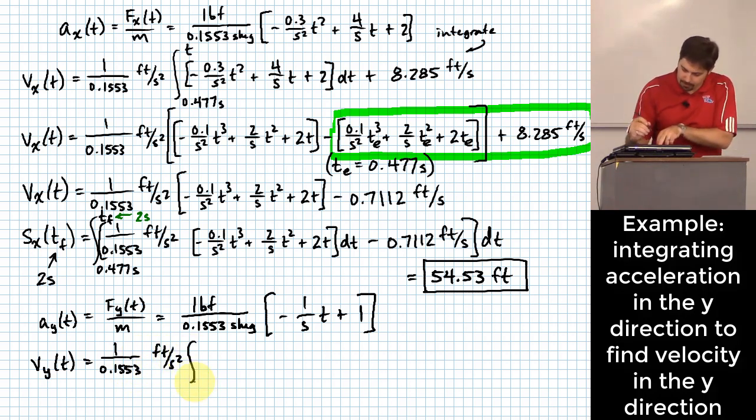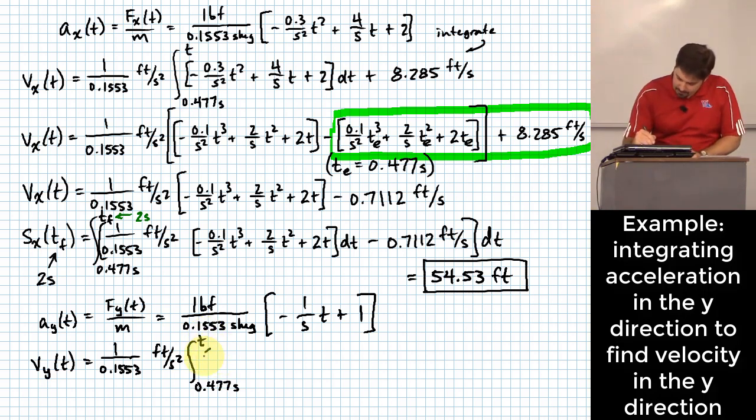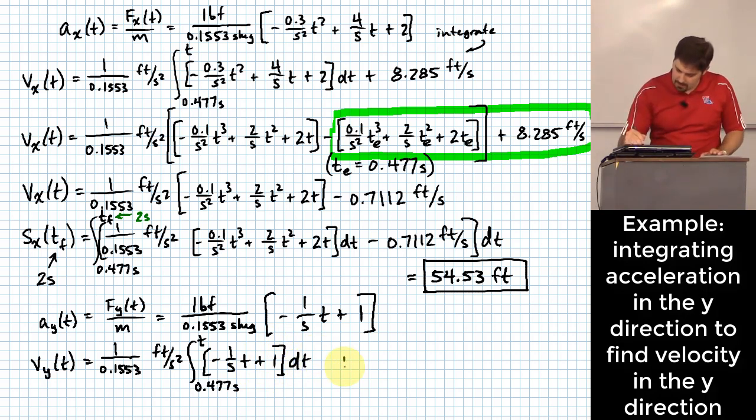This will be multiplied by the integral from 0.477 seconds up to, again, I'll just express this generally in terms of t, of this minus 1 over seconds times t plus 1 dt plus that initial velocity in that direction, which was 3.863 feet per second.